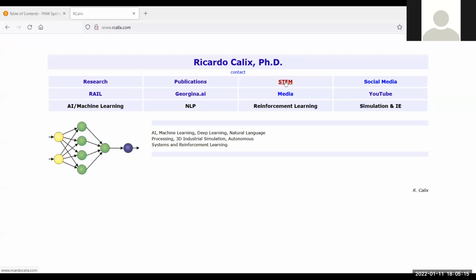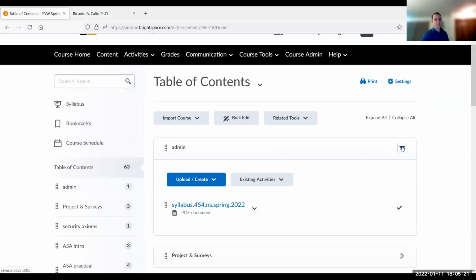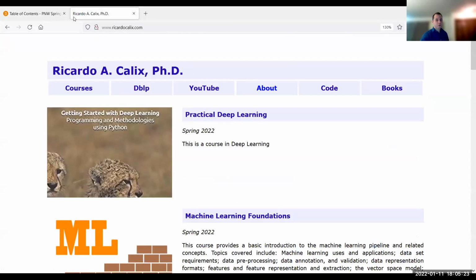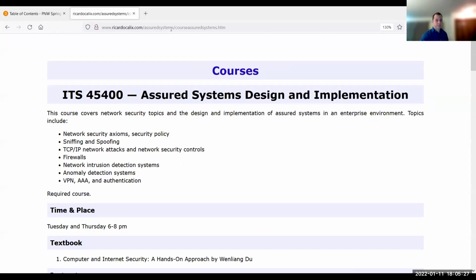So as I was saying, there are going to be two resources: Brightspace, of course, and then also the website here. You can see the URL up here, right? It's 454.